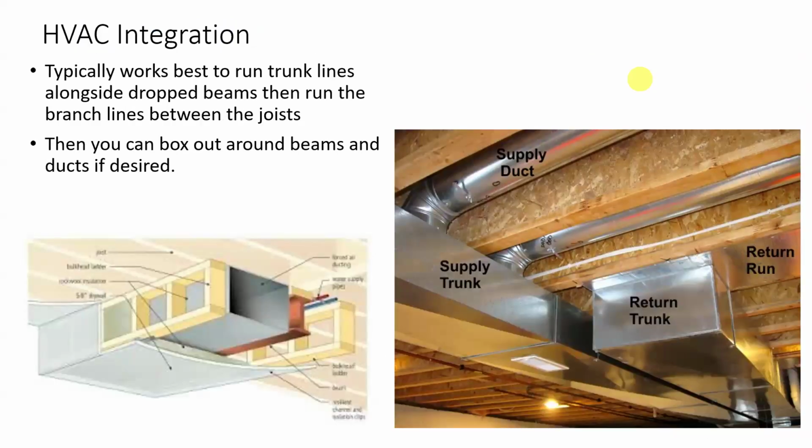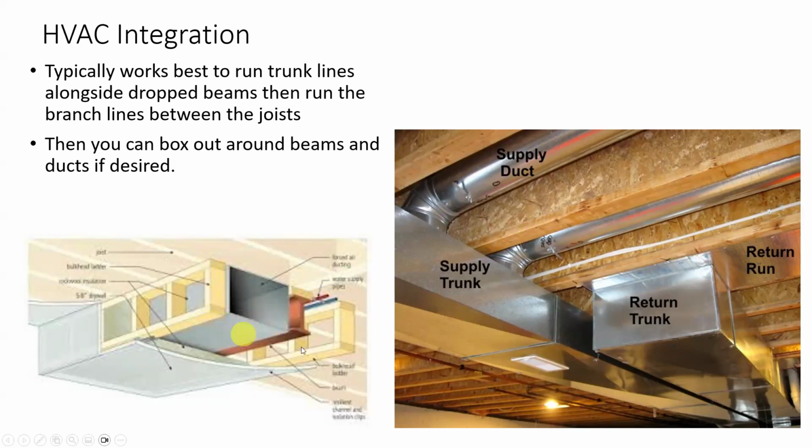So now let's talk about HVAC one more time here. I kind of gave you a quick preview of what I'm going to be talking about. If you do a dropped beam, you're going to run your duct line most of the time right alongside. And the reason they do that is that if you're doing a finished off basement, you don't want to see the ductwork and you don't want to see the beams.